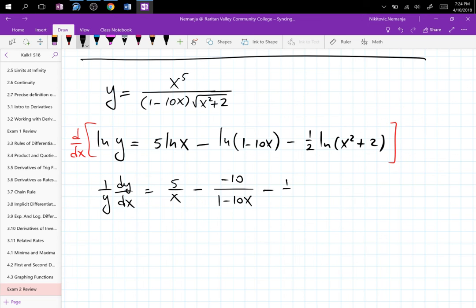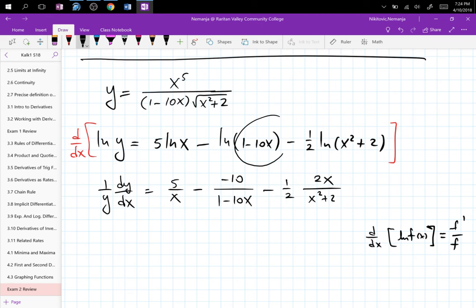And then minus 1/2 x squared plus 2, and 2x goes up because the derivative of ln of f of x is f prime over f. So whatever is in the parenthesis gets copied in the denominator as is, and its derivative goes in the numerator. This is exactly what I did for both of these.